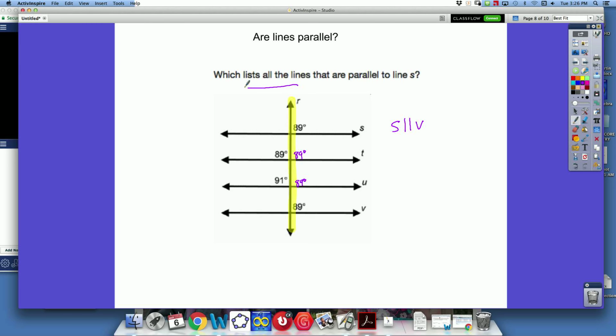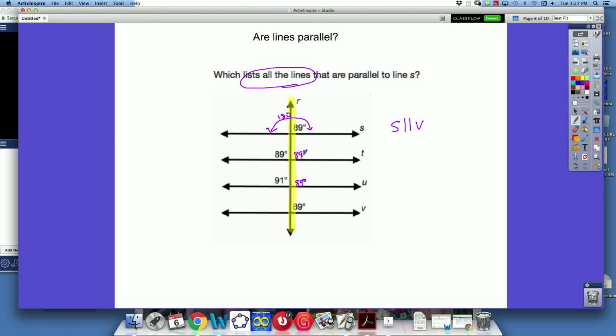But it says list all the lines that are parallel. So we have to double check the rest now. Going back to my supplementary rules, I know that this plus this should equal 180 degrees.